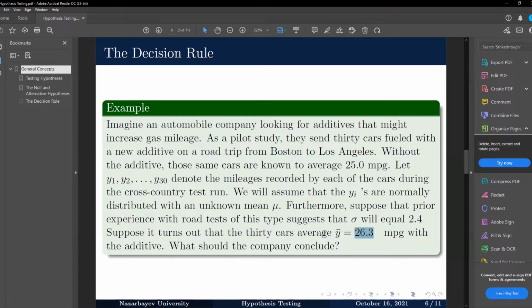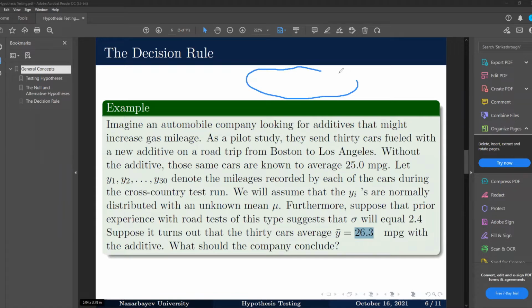Okay. So basically what's happening here is that we have some population, let's assume this is the whole population of cars with the new fuel additive. And we don't know the new average mileage of these cars. So we are drawing a sample of 30 cars.